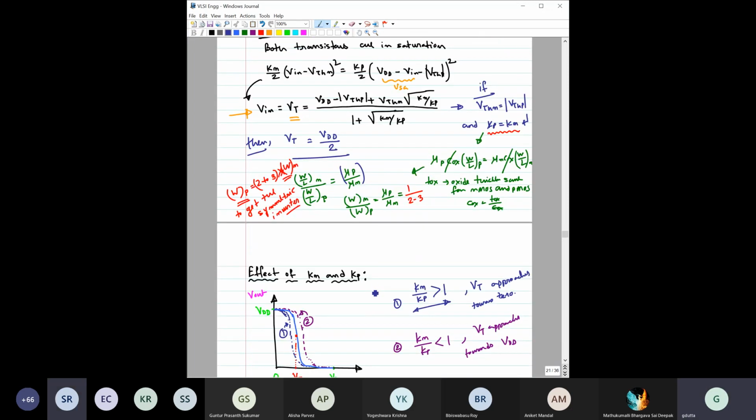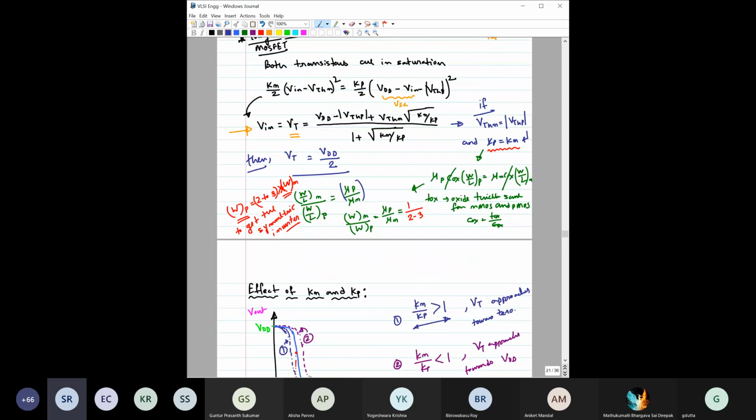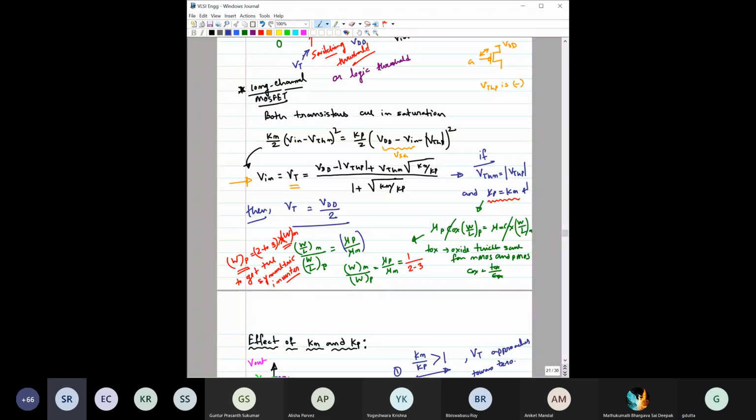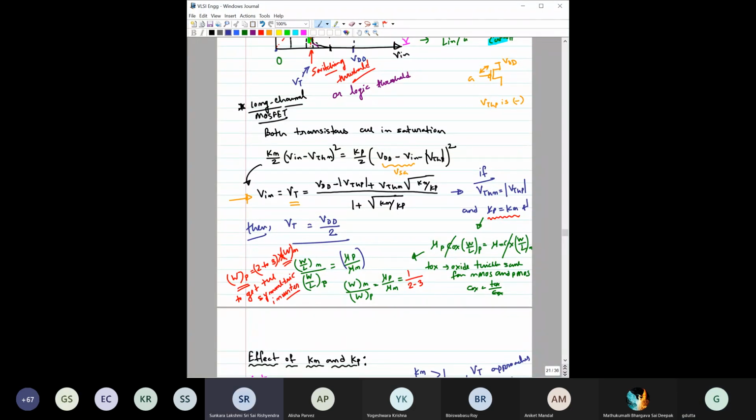Hello, sir. Here Cox should be epsilon oxide by thickness of oxide, right, sir? Yes, correct. Please do it correct. I don't know why I made this mistake. So Cox is equal to epsilon ox by T ox.